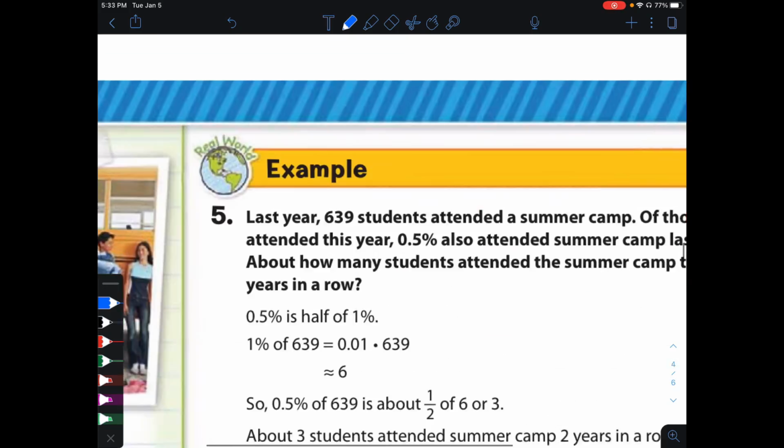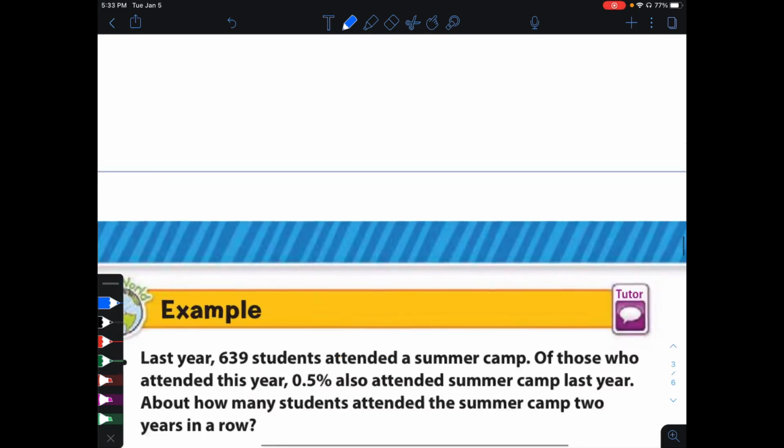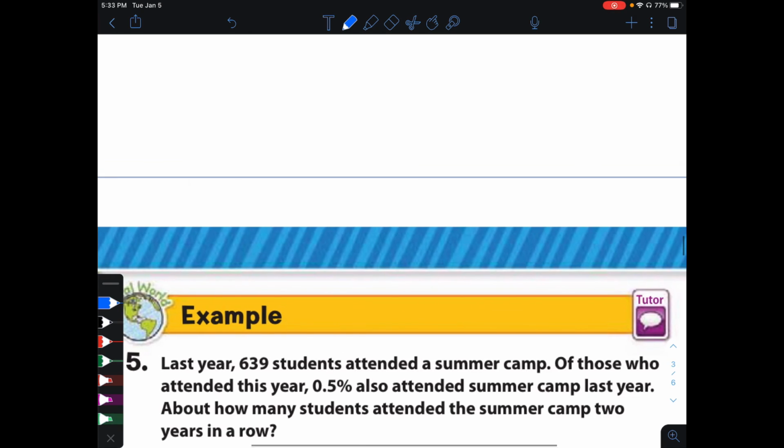So the last example, of course, would be a word problem. So last year, 639 students attended a summer camp. Of those who attended this year, you have 0.5% who also attended summer camp last year. But how many students attended 2 years in a row?